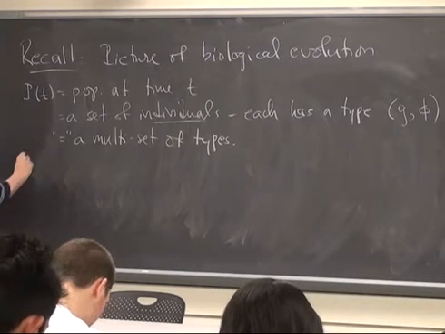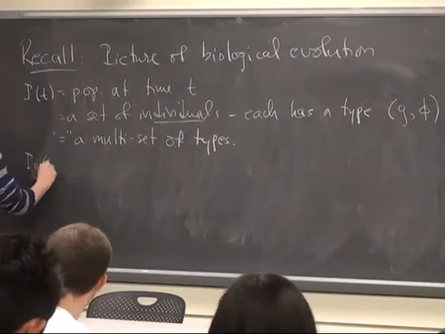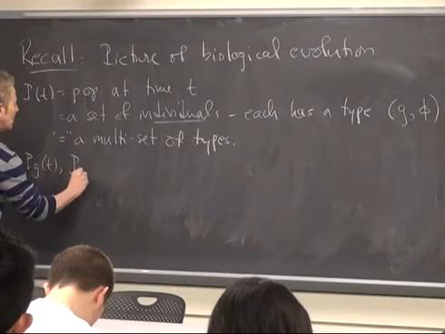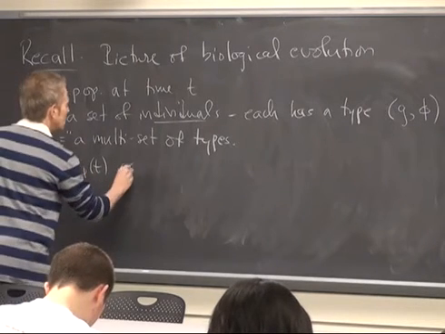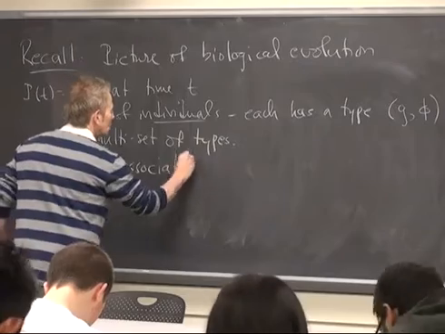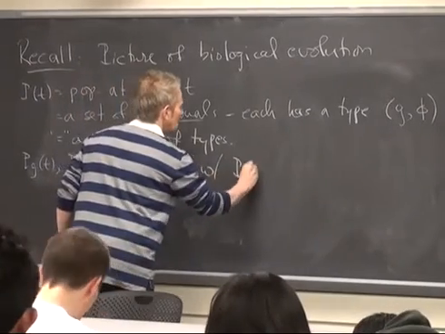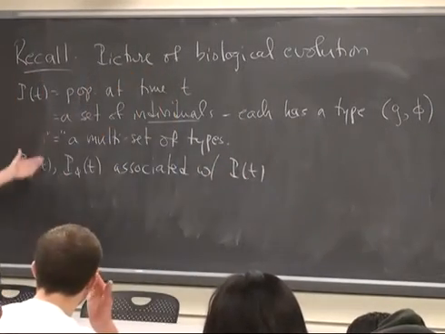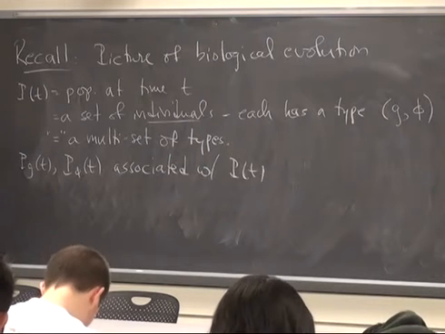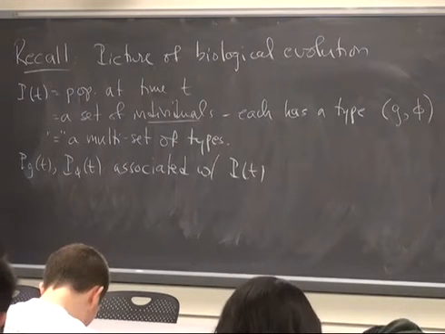Okay? And you have this PG of t and P phi of t associated with P of t. PG of t is just the set of all genotypes of individuals in P of t. P phi of t is just the set of all phenotypes of individuals in P of t.